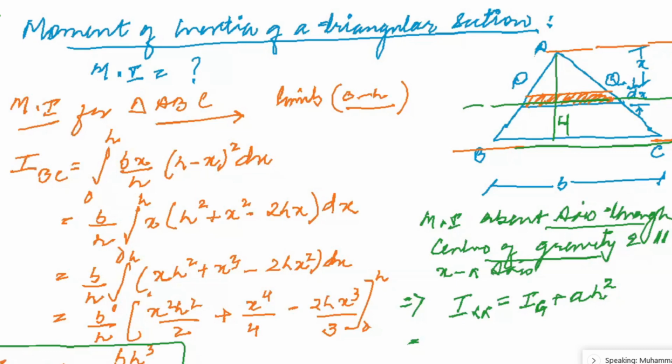Now, in order to calculate the moment of inertia about that axis, which we have to calculate actually, that will be equal to the moment of inertia about the centroidal axis. Here Ixx is actually IBC minus A h square.